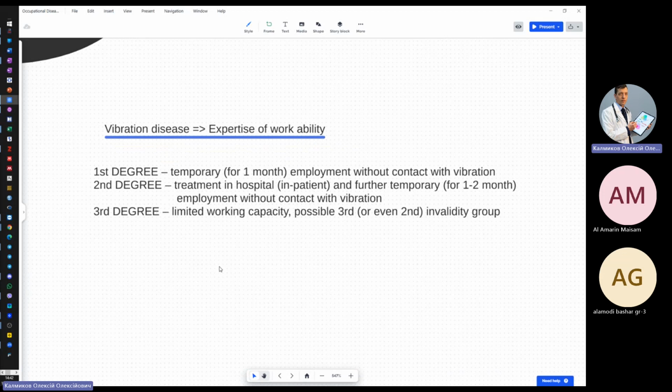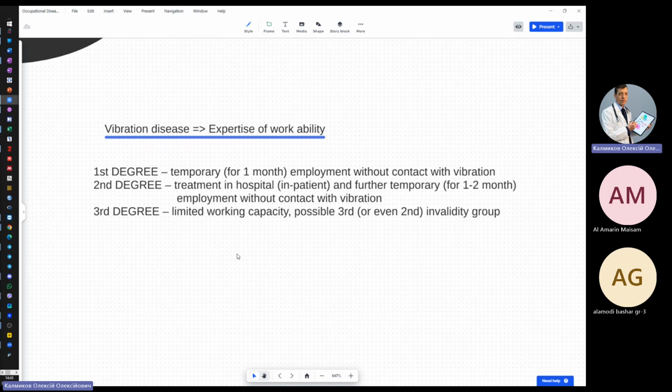The expertise or evaluation of workability is the following. At the first degree, usually we start from temporary, for 1 up to 2 months, for 1 month, let it be, employment without contact with vibration. It's like timely, reasonable employment.